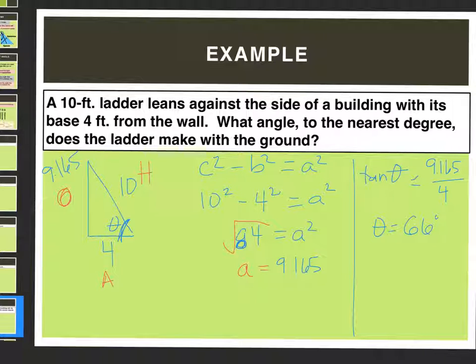Yeah, so if I'd rounded off, if instead of 9.165 I just picked 9.2, and I thought, close enough, 9.2 is pretty close. And then I did this with 9.2 on my calculator, I get 66.5, and I would have rounded up to 67. So I would have been wrong. I know that feels like you're not really wrong, you're just one off, but it's wrong.